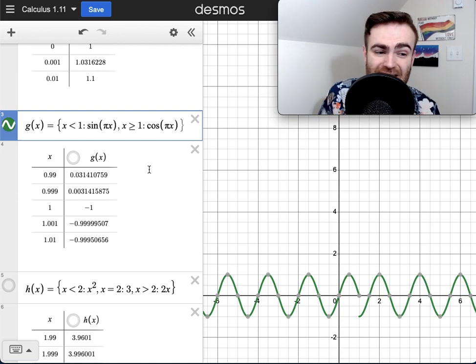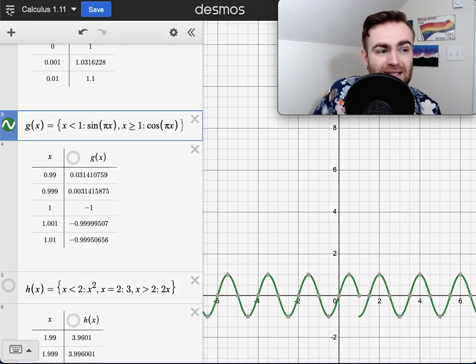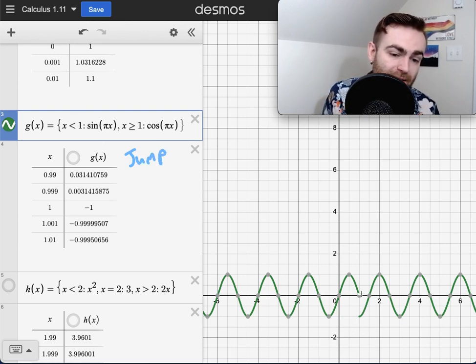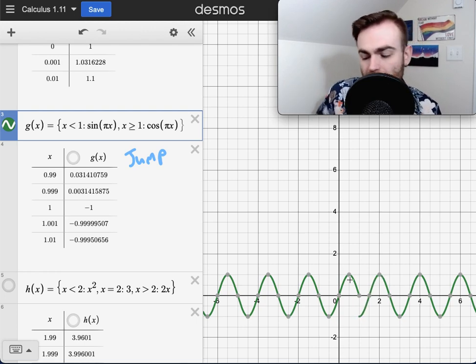Since the limit doesn't exist, we would say that this is jump discontinuity. And we can see that graphically, because if we look, our equation jumps down to continue. We can also check that algebraically by plugging in 1 to both of our functions, which would give us the sine of pi and the cosine of pi, respectively.